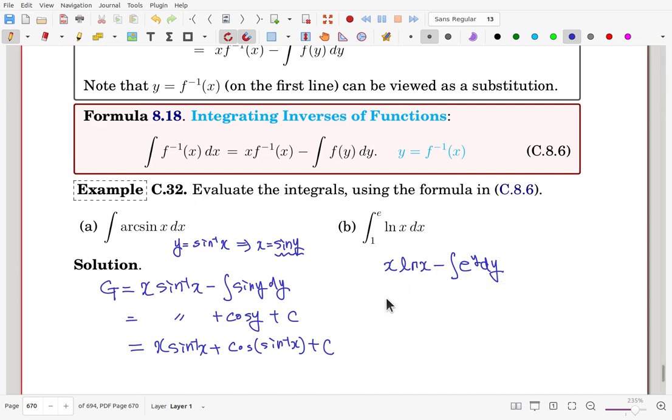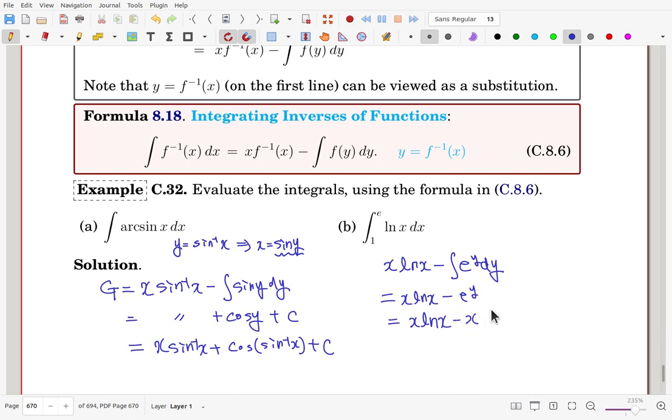Okay, so here we have the same as x logarithm of x minus e to the y, and here from here x logarithm x, and here y is now, okay, here now e to the y, but y is logarithm x, so e to the logarithm x is x now, right?